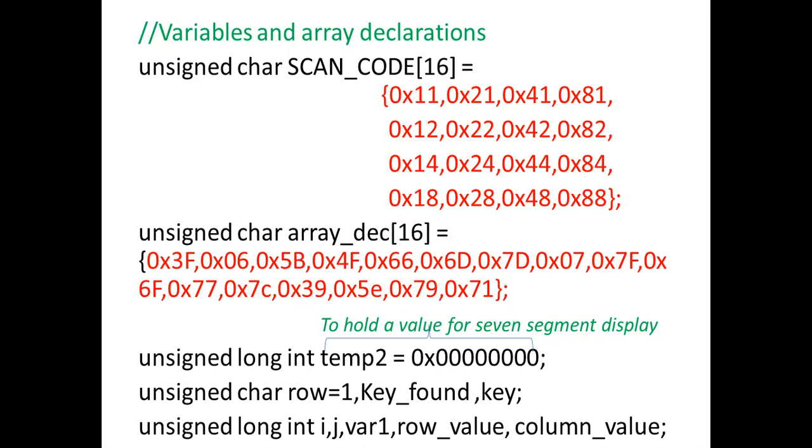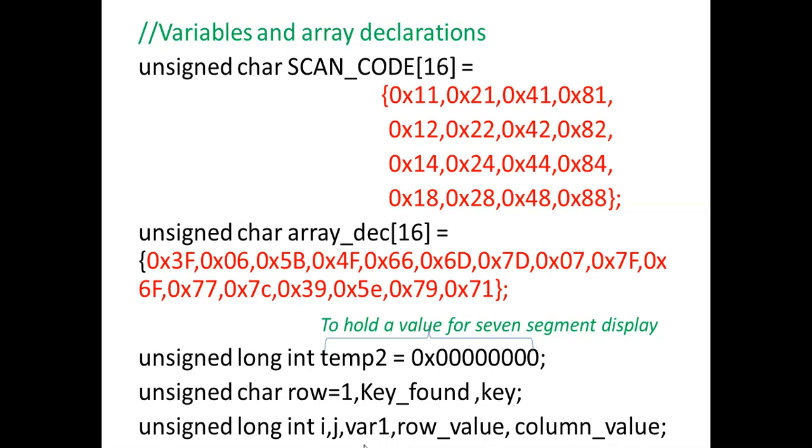Now we come to the other variables: i, j, variable1, row_value, and column_value. i and j are used in a for loop for counting, holding the initial value of the counter. We are going to use i and j, and also variable1, to hold the appropriate value that is supposed to be passed via the port pins during the row scanning.